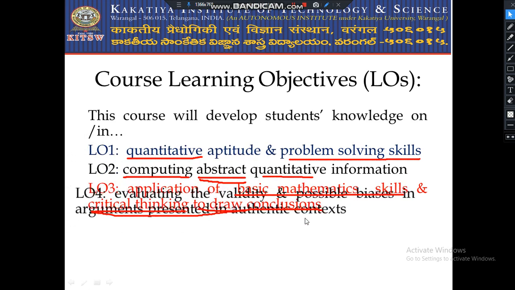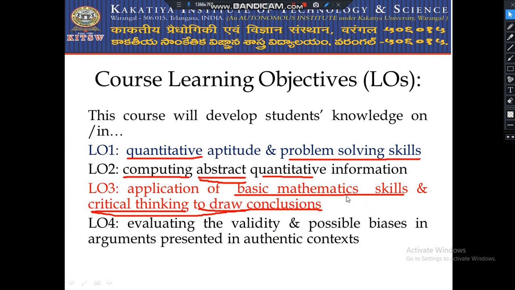Then learning objective 4 says evaluating the validity and possible biases in arguments presented in authentic contexts. So here students will also learn how to evaluate the validity and possible biases in arguments for different contexts.